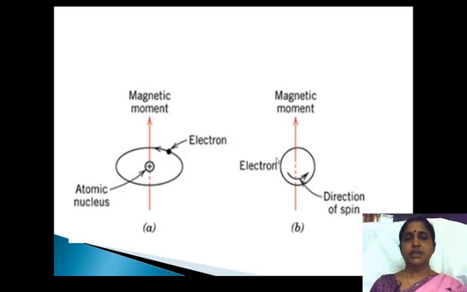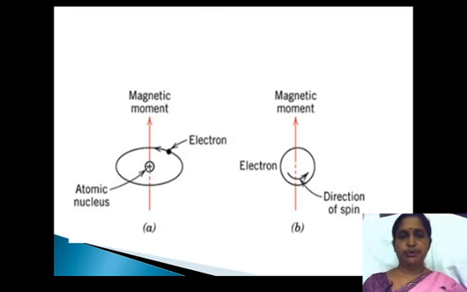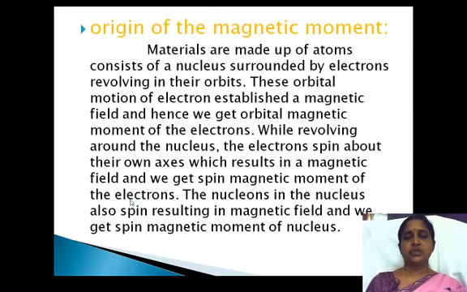Due to this spin also, magnetic moments develop. Those are spin magnetic moments. And the next one, the nucleus also spins. Due to that spin also, magnetic moments are produced. These are the origins of the magnetic moments developed in the materials.